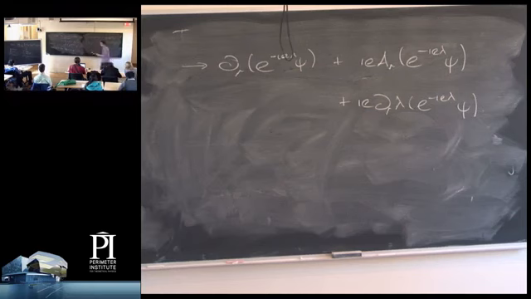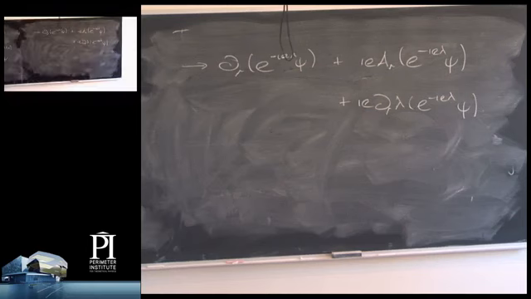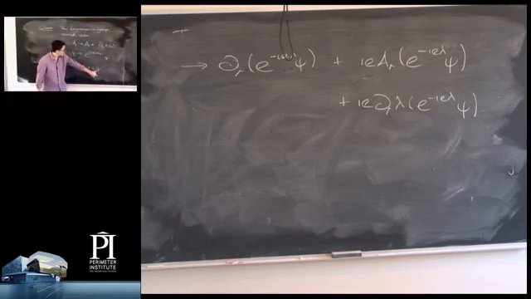Okay, so you get three terms. The first term is from psi transforming in this way. The second term is from psi transforming in this equation. And the third term is from A mu transforming in this equation.